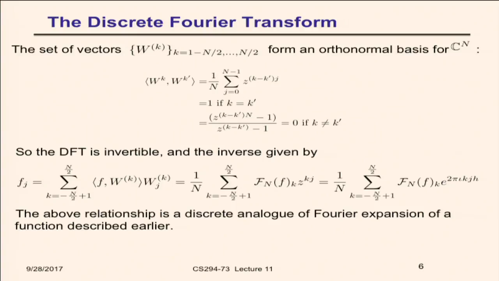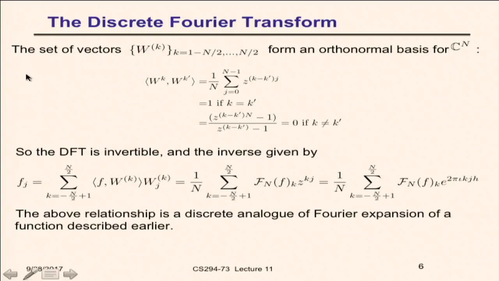So I said that one way of looking at the discrete Fourier transform is that this is an expansion in terms of the w_k's. Well, the justification for that is that the w_k's form an orthonormal basis for the n-dimensional complex vector space.